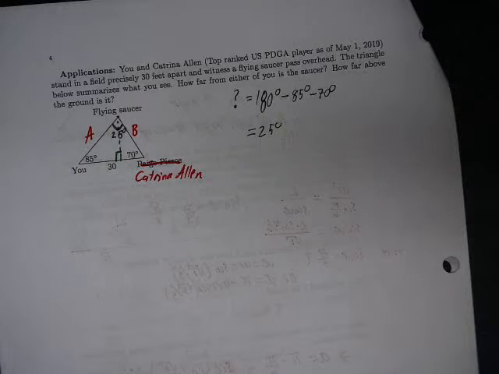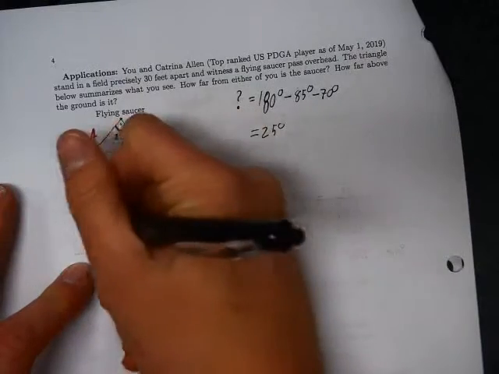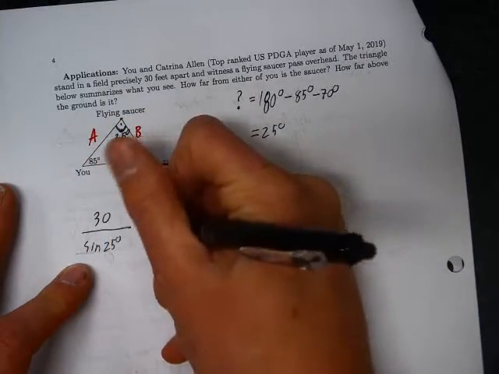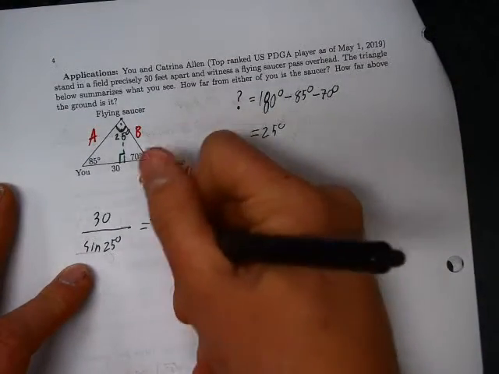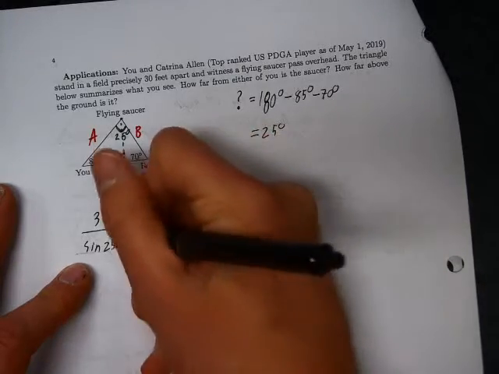Do I now know a pair consisting of an angle of the triangle together with a side length opposite? Yeah, so that's exactly what you need to use the law of sines. So I know for a fact that the side length opposite, 30, divided by the sine of 25 degrees is the same thing as A, maybe I'll try to find A first, divided by the sine of 70 degrees.